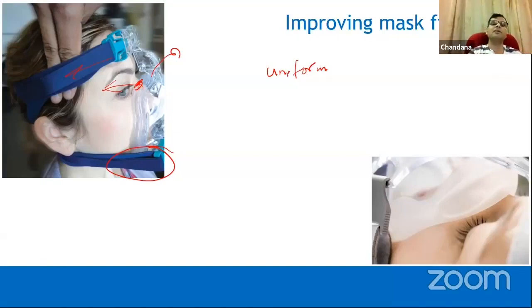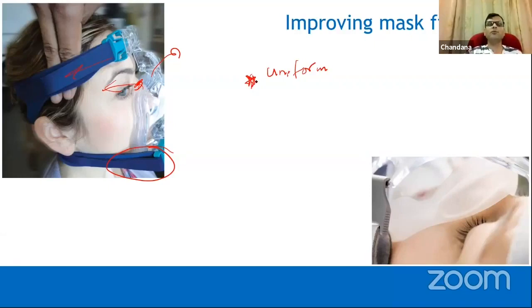So it's extremely important to have a uniform fit rather than a very tight fit to have success in NIV. Otherwise, they will struggle, and when they are not cooperating with the flow from the ventilator, it won't work properly, and you won't get any benefit described in the textbooks or in the literature. It's completely useless if the patient is not cooperating.